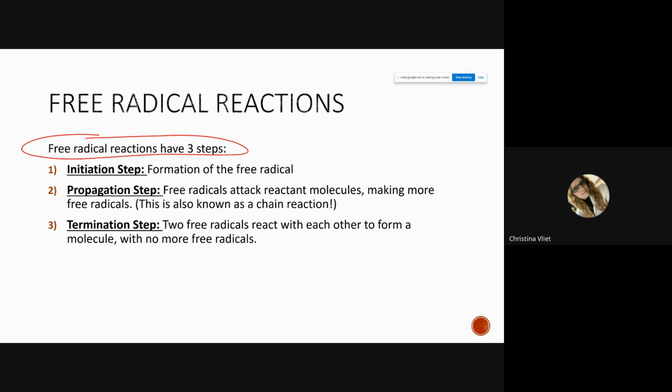Free radical reactions. This substitution will take place in 3 steps. You have to memorize these steps. I'm going to teach you these steps as a story. So the question is, how did we get from here to here, right?